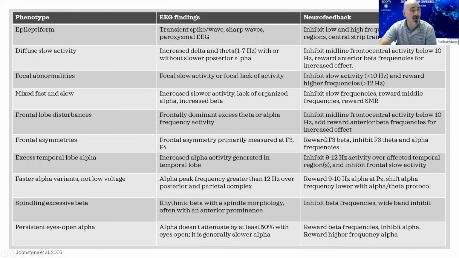Now we're looking at the neurotherapy implications. For epileptiform, often SMR is suggested. Inhibiting the low and higher frequencies, slow cortical potentials have been shown to be really helpful. As a QEEG credentialed neurotherapist and mentor, just because you know what it is doesn't mean you're allowed to give it a diagnosis.